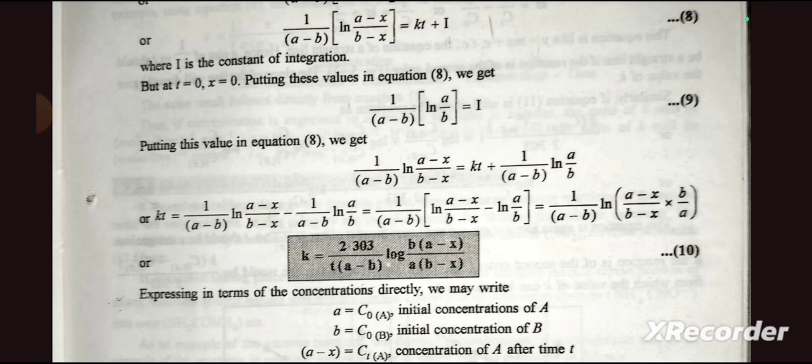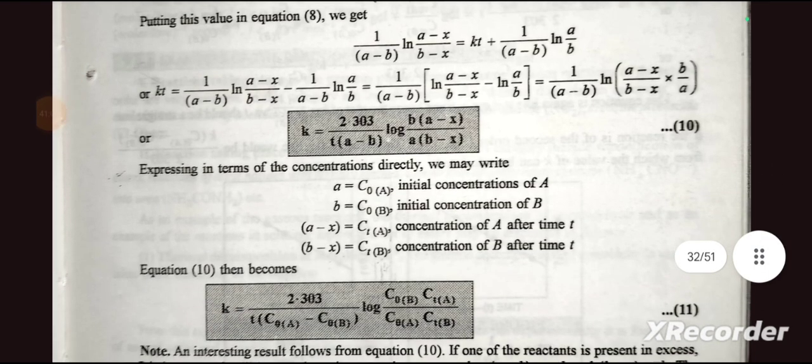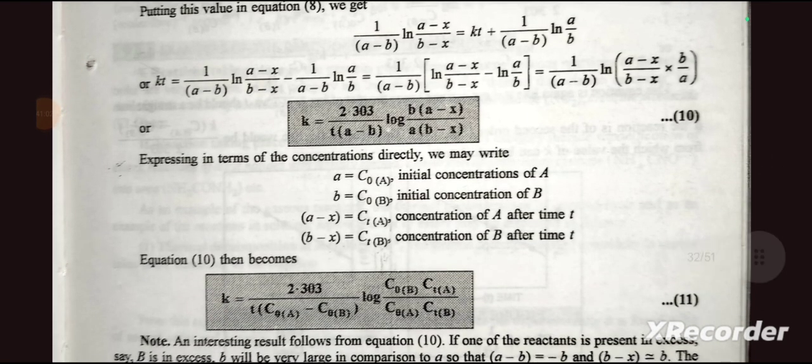Putting this value in equation 8 we get 1/(a minus b) ln[(a minus x)/(b minus x)] is equal to kt plus 1/(a minus b) ln(a/b), or k is equal to 2.303/(t(a minus b)) log[b(a minus x)/(a(b minus x))].